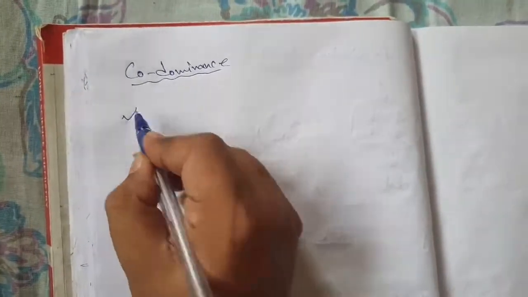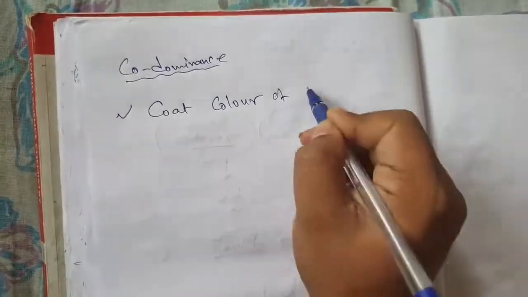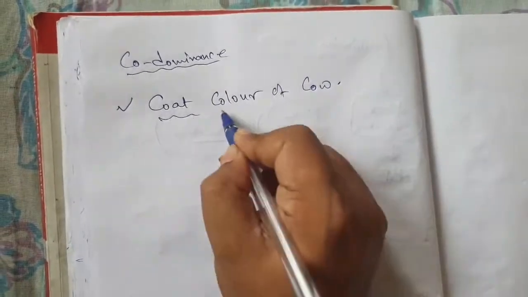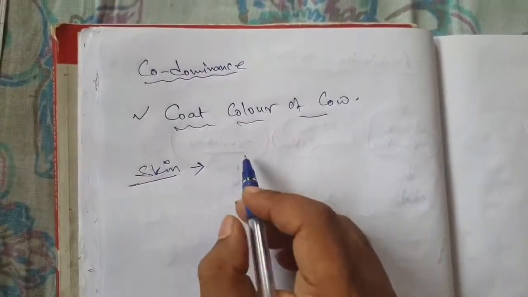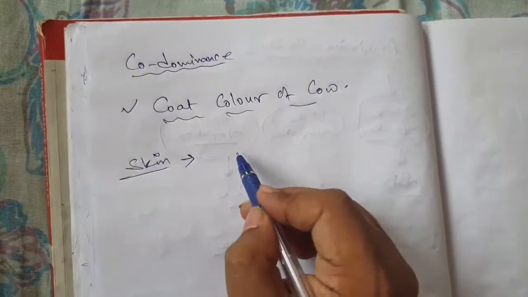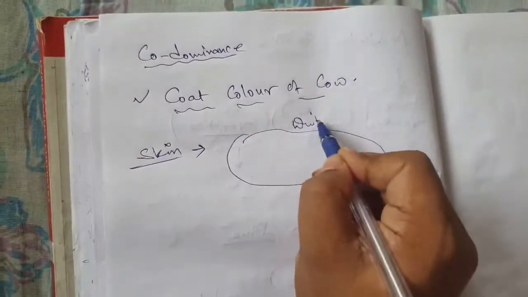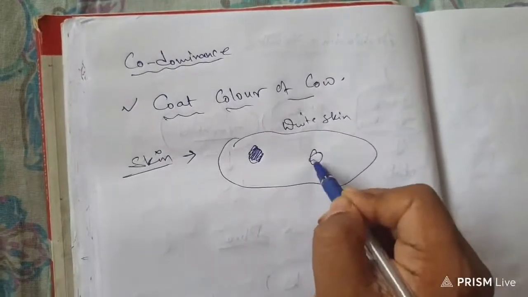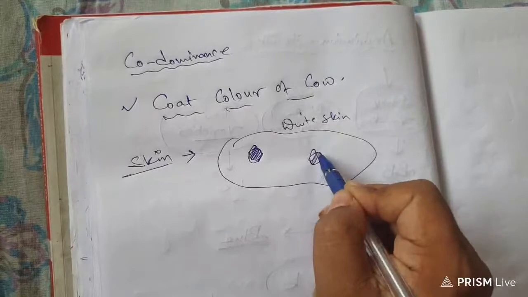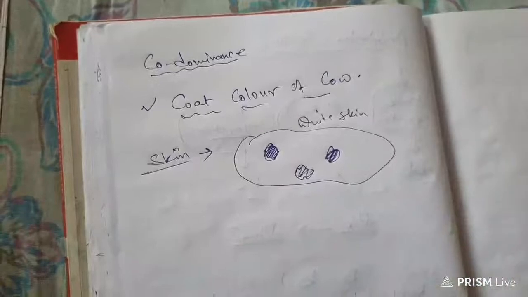One good example of codominance is the coat color of a cow. We can see that the skin of the cow, or the skin of the dog, or some dogs, shows a kind of pattern where in the entire white skin there are black patches, or in the entire black skin there are white patches.